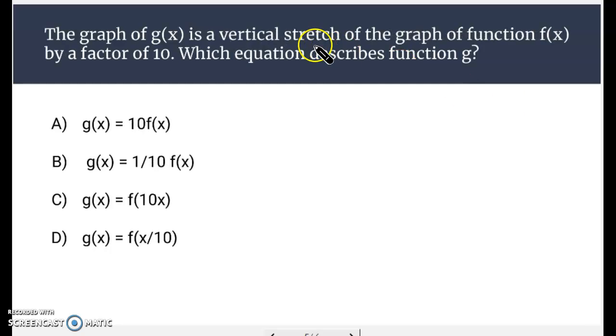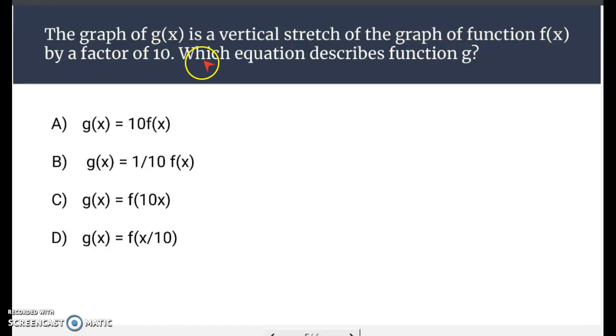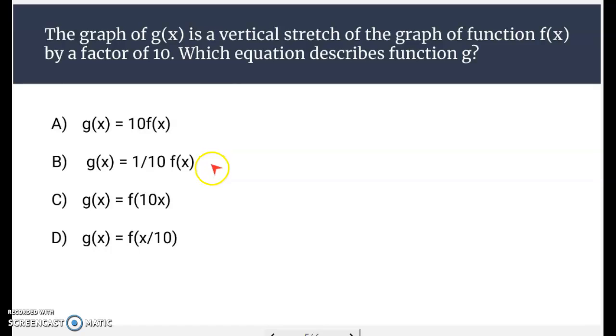Let's look at another one here. The graph of g of x is a vertical stretch on the graph of function f of x by a factor of 10. Which equation describes that? And that's something we didn't quite show. You can multiply a function.